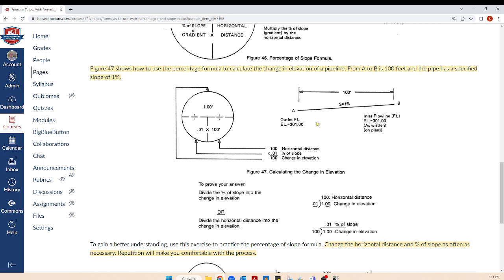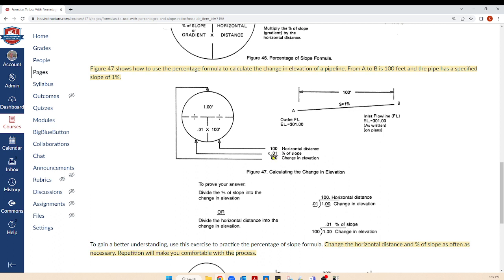That may just be a mistake on the plans, but there's no doubt in my mind that to prove it, you divide the percent of slope into the change in elevation. By 0.01 divided by, well, if you divide that, you get 0.01, and that multiplied by 100 is 1%, and that's what they're calling for right there.